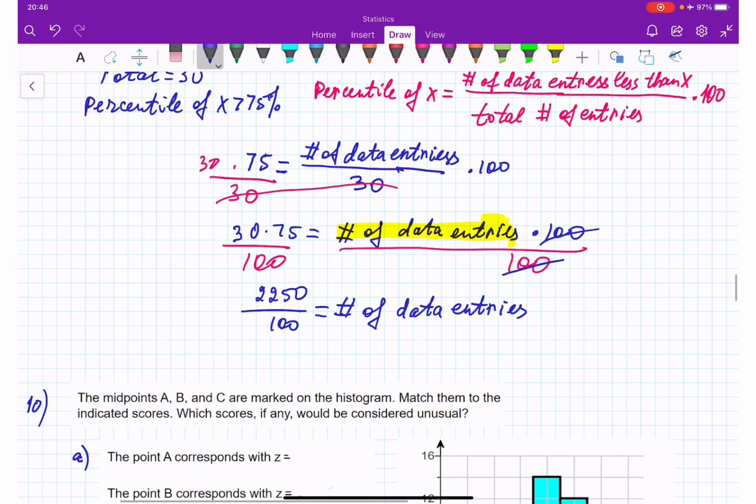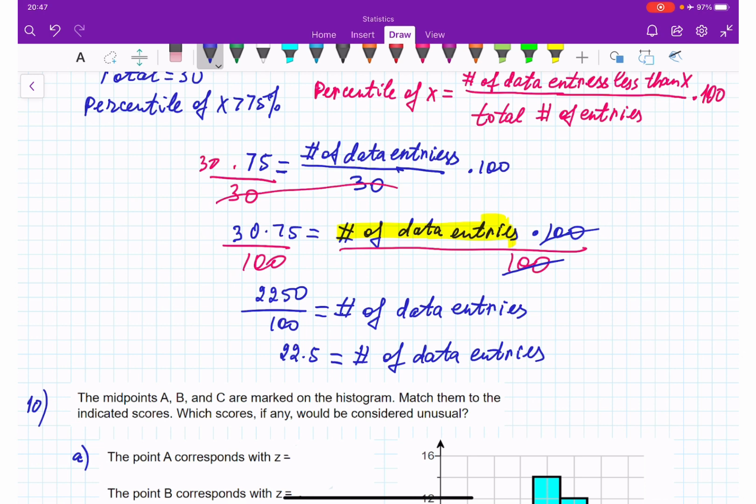And once I divide by 100, I will get 22.5 as the amount of data entries. Now, what does that mean, 22.5? That means between the 22nd and 23rd positions.